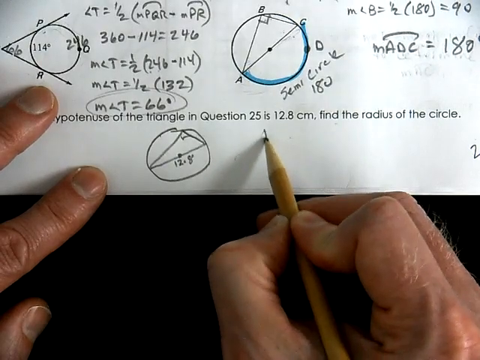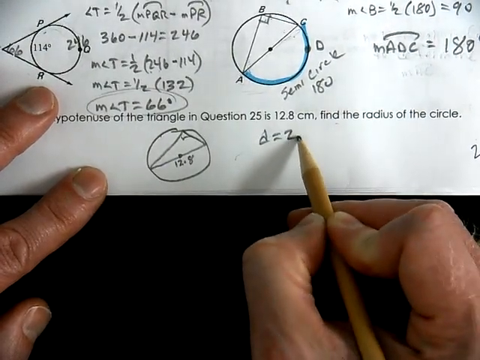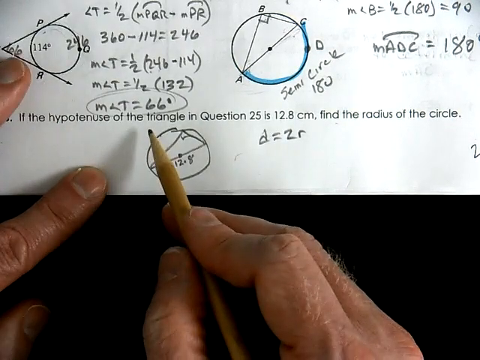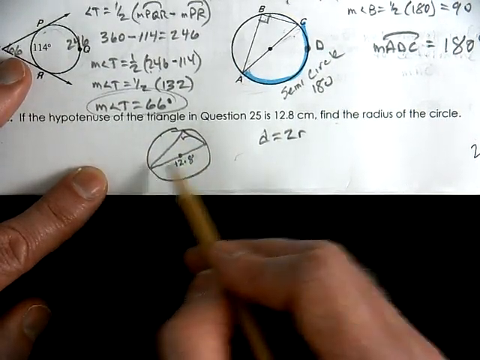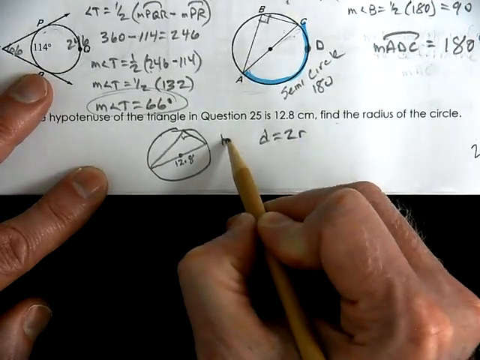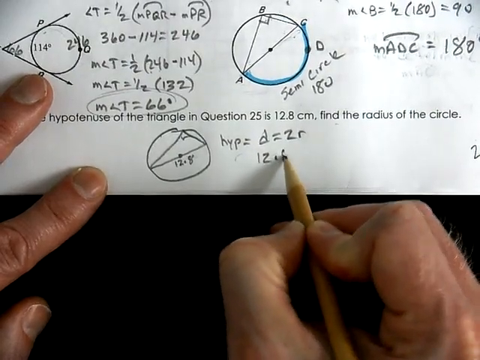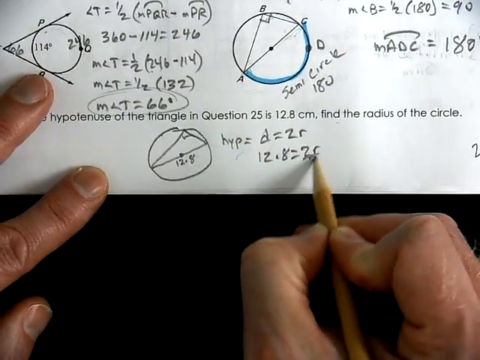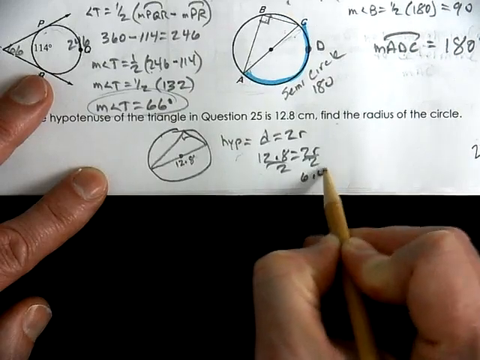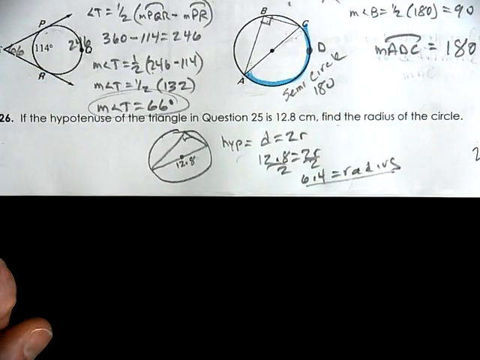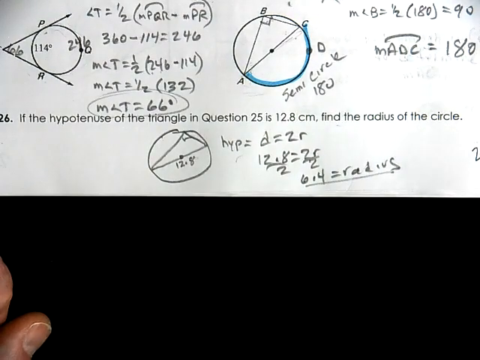Well, we know that the diameter equals 2 times the radius. We know the hypotenuse equals the diameter. So 12.8 equals 2r, divide by 2, we get 6.4 is our radius, half of the diameter, which is half of the hypotenuse. Good job. Good luck.